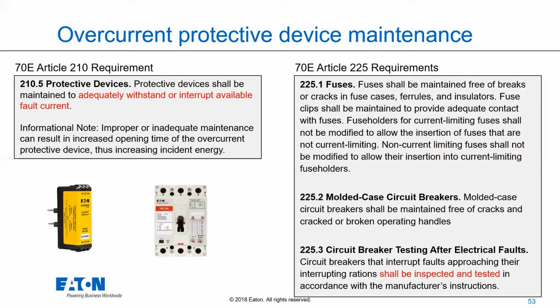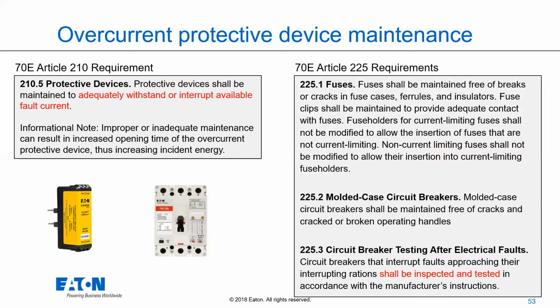You want to make sure there are no breaks or cracks. Typically, it's the contacts of the fuses, where the ferrules or the blades go into the switch, the fuse holders. That's the most likely spot that will need maintenance for fuses, that point of contact.